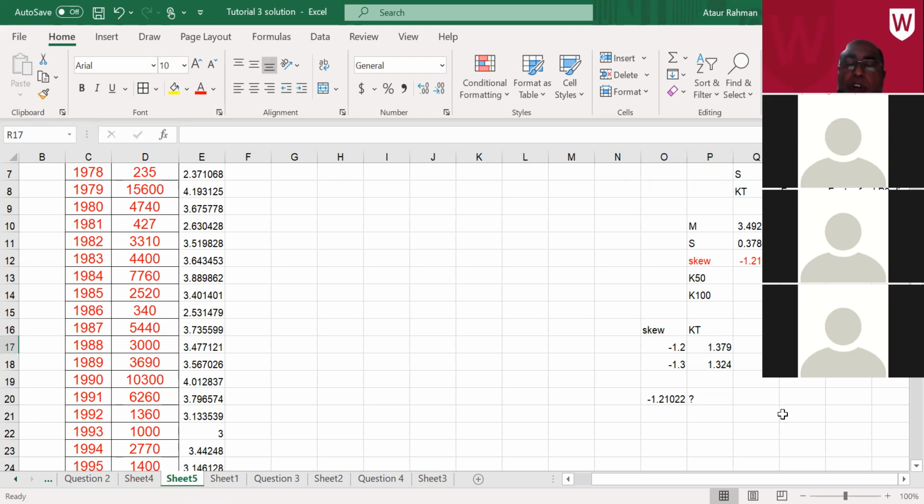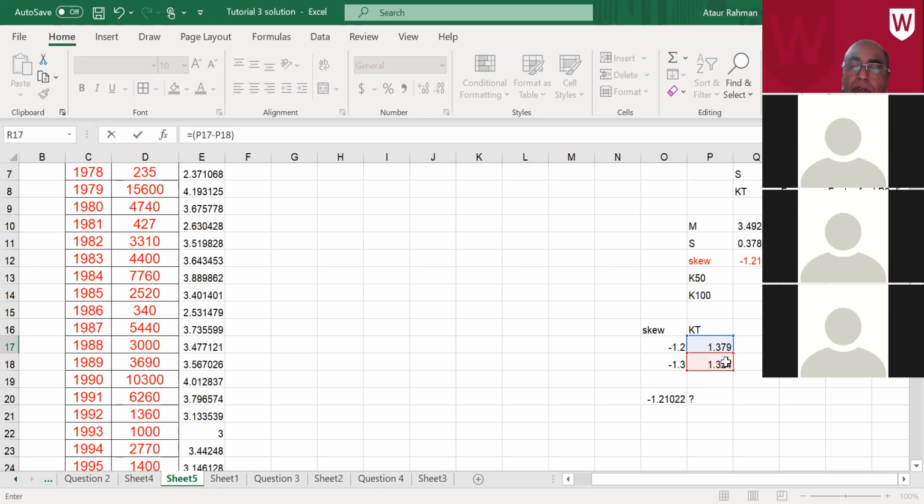A very simple way of finding it is to find the difference of your KT between the two values, so this minus that, divided by the difference between these two skews. Generally it's a good idea to ignore the sign, in my opinion.